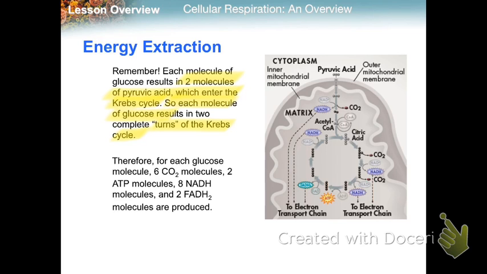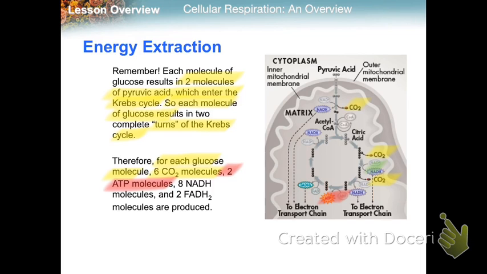So just in terms of totals, for each glucose molecule, 6 carbon dioxide molecules, 1, 2, 3, and then turning twice, 4, 5, 6. 2 ATP molecules. The ATP is right here. So that's going to be 2 of those. 8 NADH.